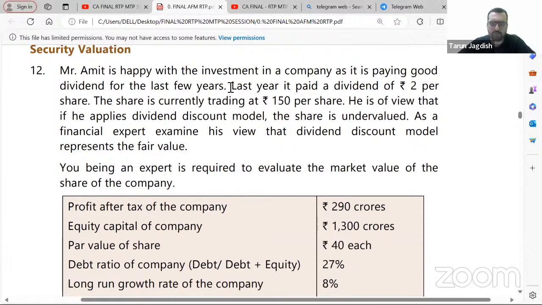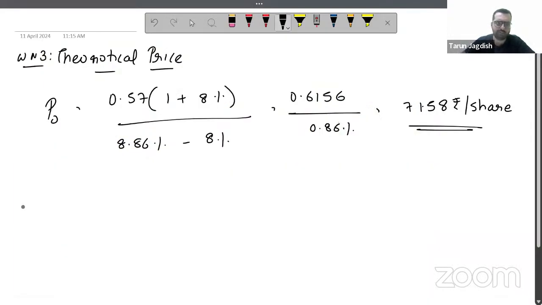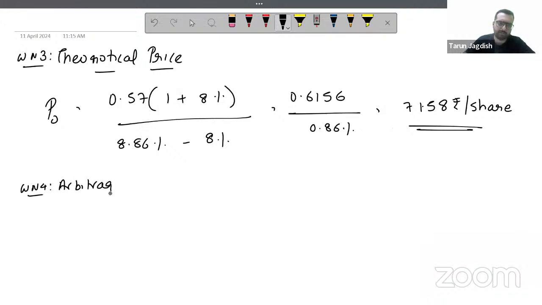But they have given you that it paid a dividend of 2 rupees and the share is currently trading at 150 rupees. He is of the view that if he applies dividend discount model, the share is undervalued. We'll check that later. First, let us check the arbitrage. What is the theoretical price we got over here? 71.58.